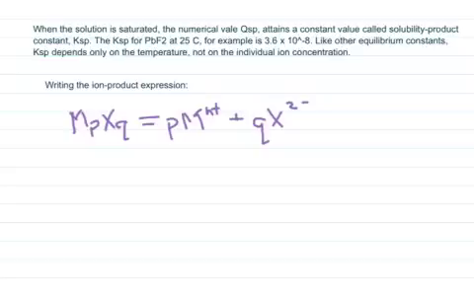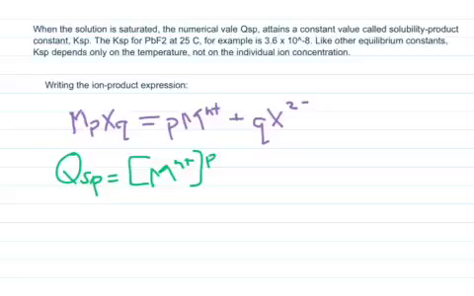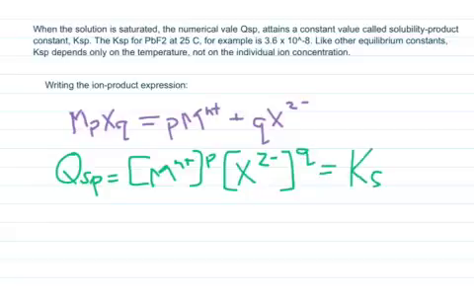So our Qsp is going to equal, as we know, our ions, and don't forget that the coefficient becomes a superscript. And it's also going to equal our Ksp.